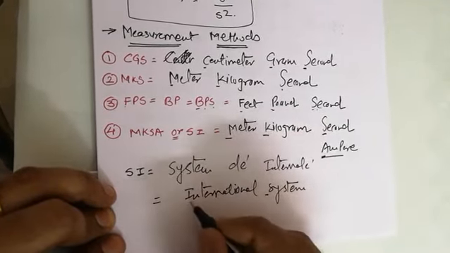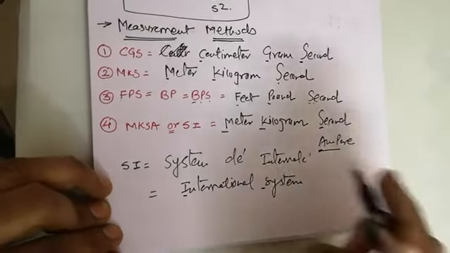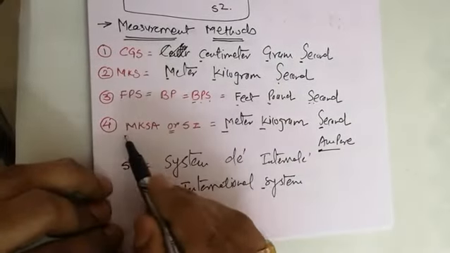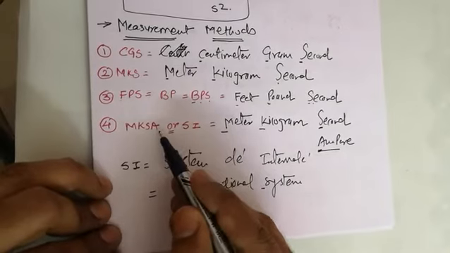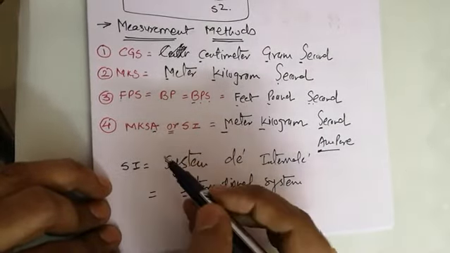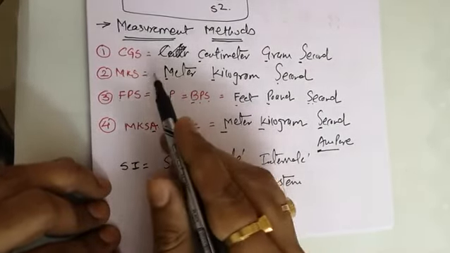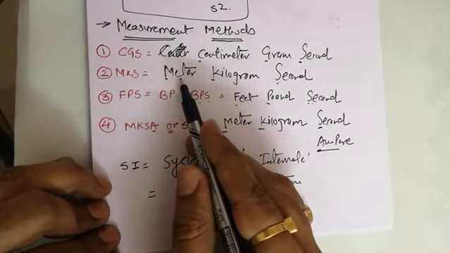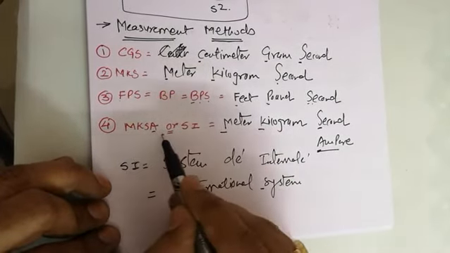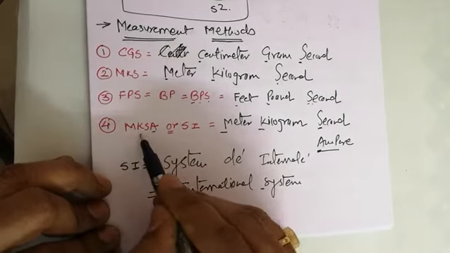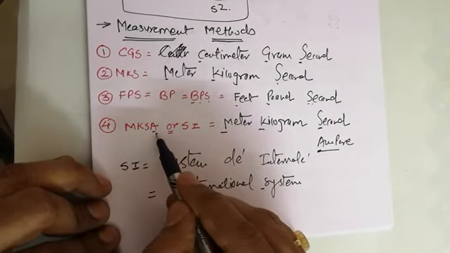It is called the SI system. You can observe that MKS and MKSA differ only in that MKS is the part of fundamental units, and MKSA is the meter, kilogram, second and ampere method.